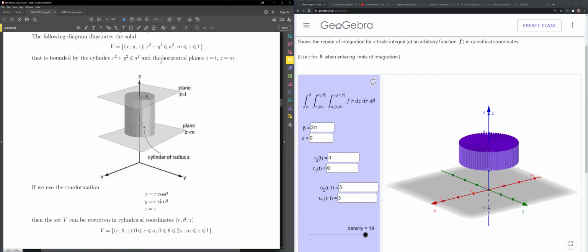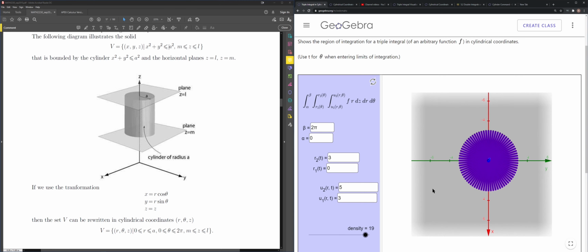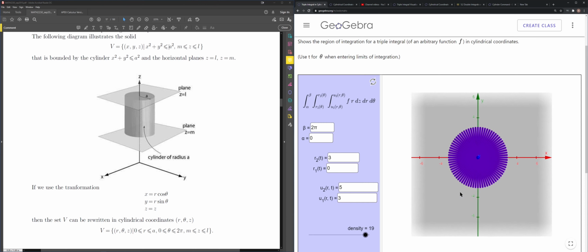To convert into r theta, you're just looking at it in the plane. When you look at it in the plane, you have a disk of radius a. And by now you should know that if I have a disk of radius a, you can express it in polar coordinates.